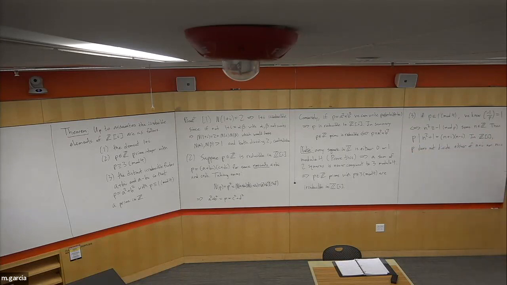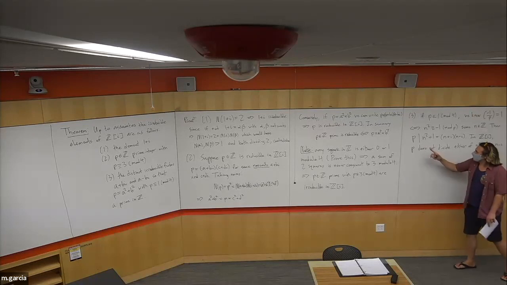Why is that? Because P is prime in Z adjoin i, and I think that's the definition or a negation of the definition of a prime.